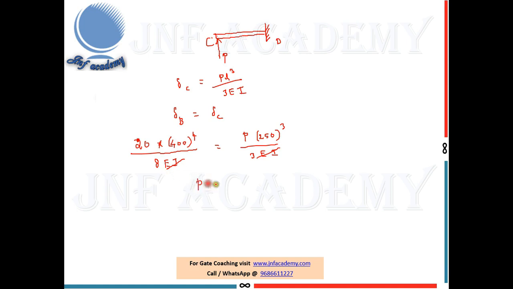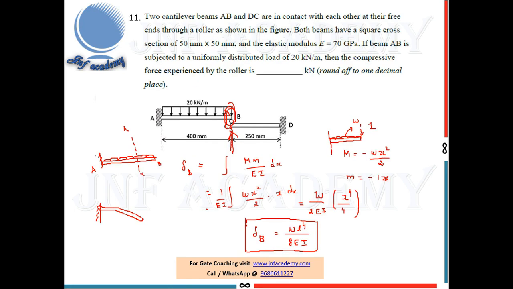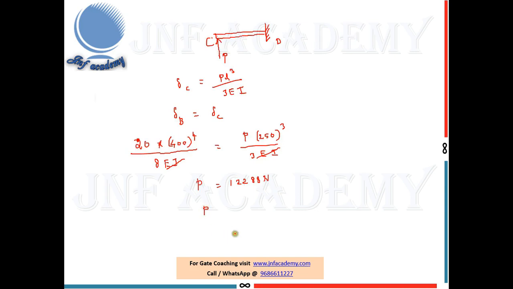So the P value is 12288 Newton. The question they are asking in kilonewton. So 12, how many decimals? 1 decimal.